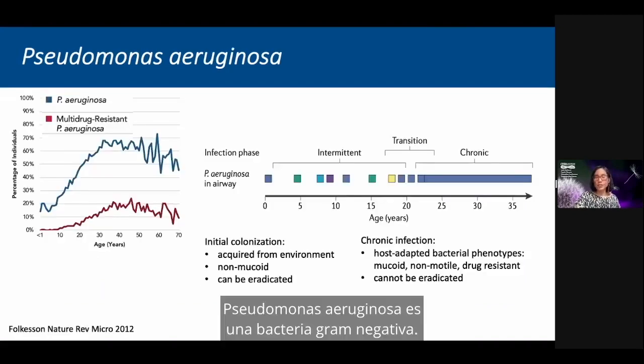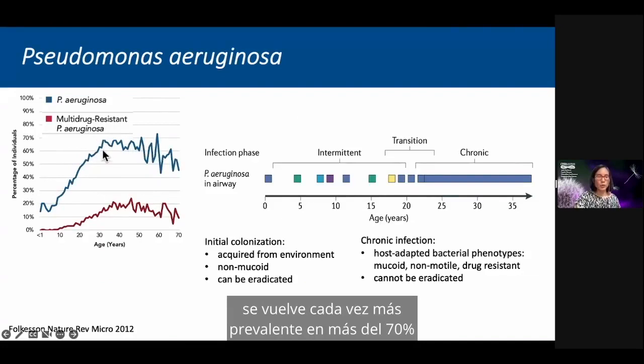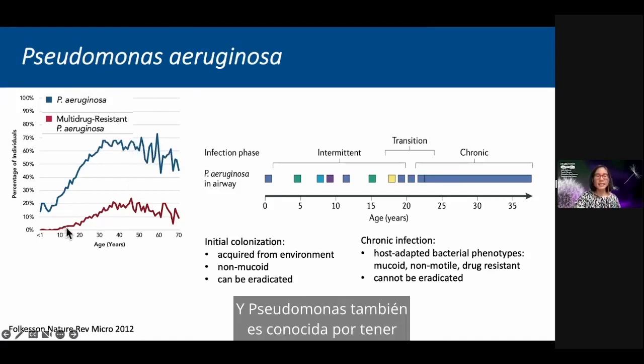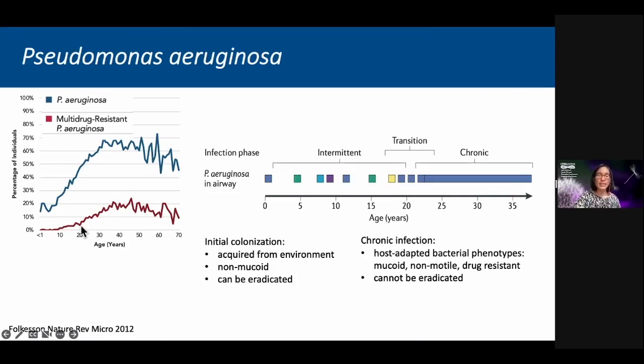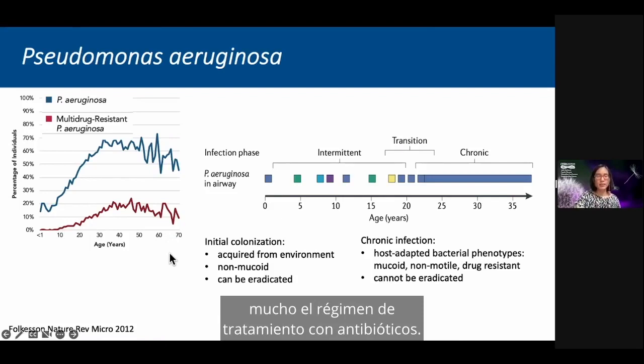So Pseudomonas aeruginosa is a gram-negative bacteria. And what you see here is as people age, it becomes more and more prevalent, upwards of 70% in certain cohorts of patients. And Pseudomonas is also notorious for having a propensity to be multi-drug resistant, which obviously complicates a lot the antibiotic treatment regimen.